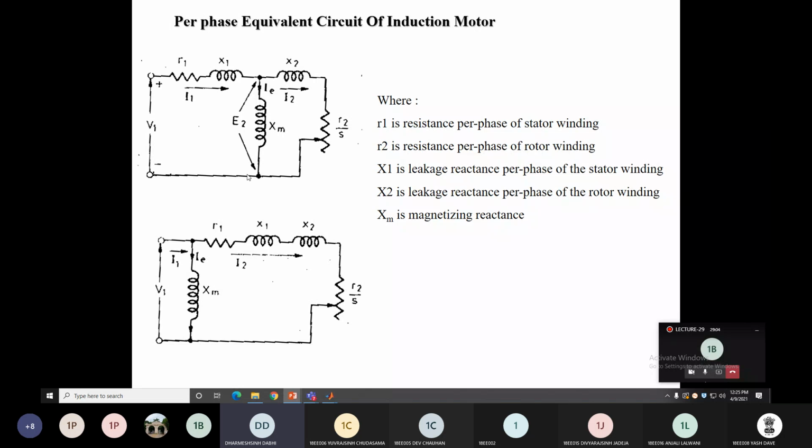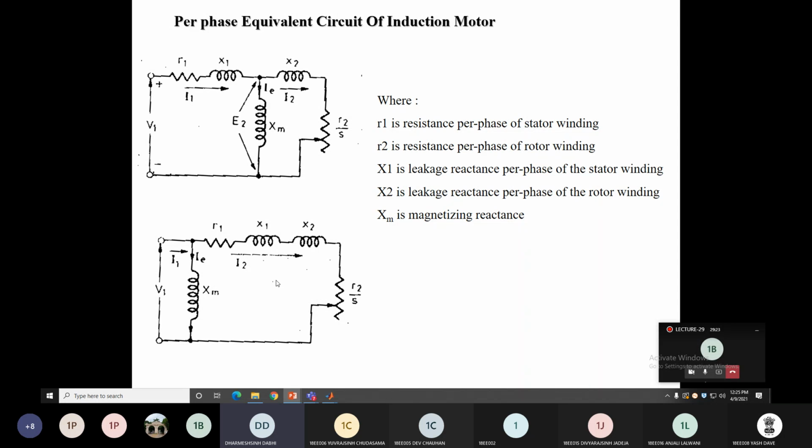So another way you can represent the equivalent circuit of the induction motor is this way. You transfer the magnetizing reactance to the input or stator side and represent R1 and X1 at this side. So this is the simplified version of the equivalent circuit of the three-phase induction motor.